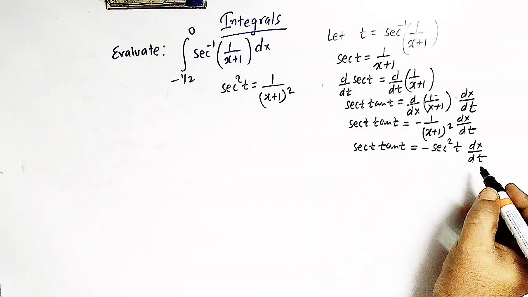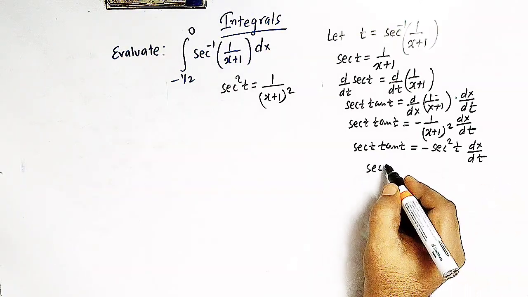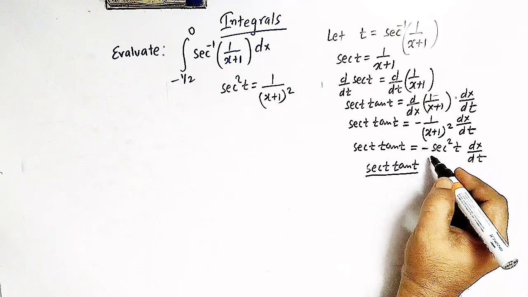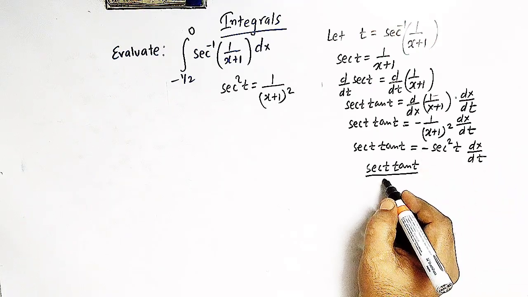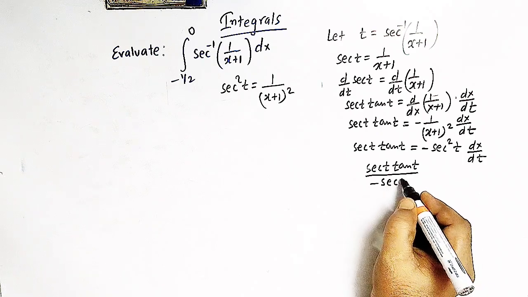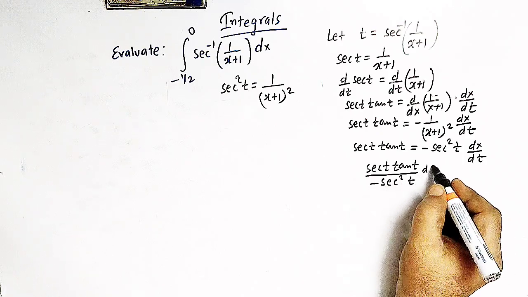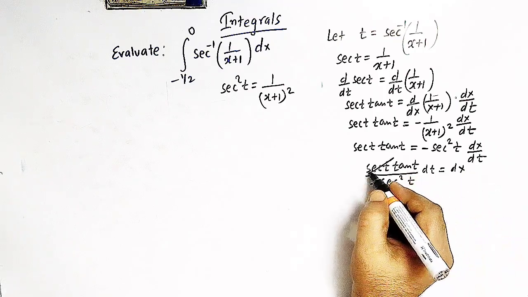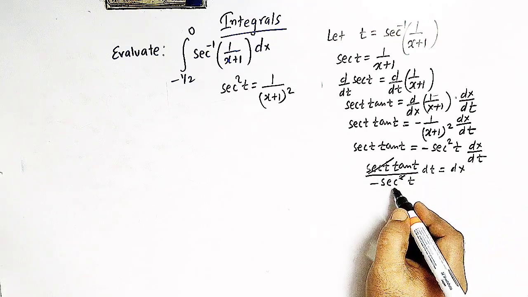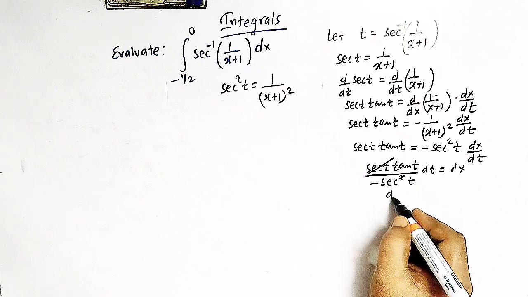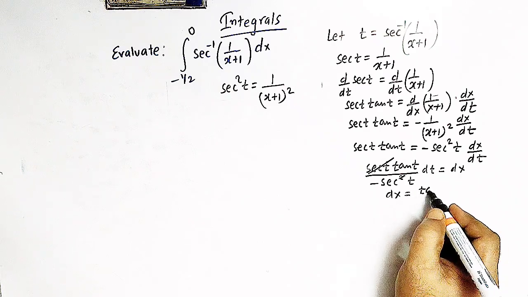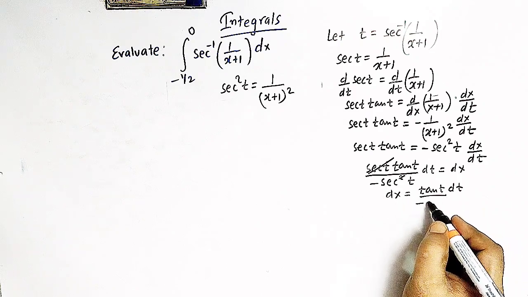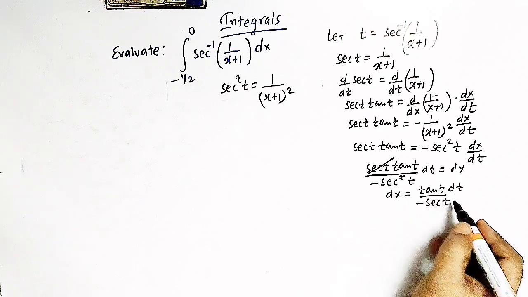So now we can write secant t tan t, and we can take minus secant square t to the denominator here, and here we have dt, and here we can write dx. Now this secant t and this secant t get cancelled, so we have dx is equal to tan t dt, and in the denominator we have minus secant t.